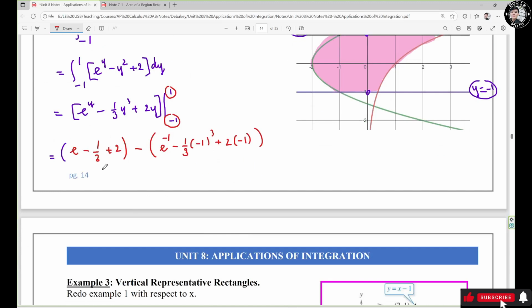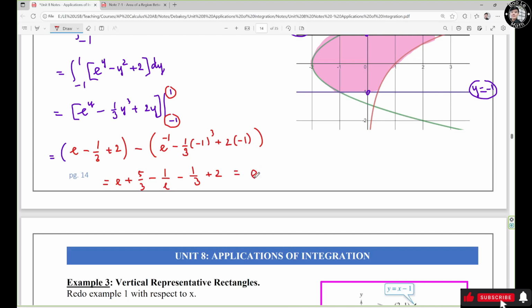Now we're going to simplify this. It's going to be e plus 5/3. Now this one right here is 1 over e, so you distribute -1 and it's -1 over e. This one becomes 1/3, and distributing -1 it's -1/3. This becomes -2, and distributing -1 it's plus 2.